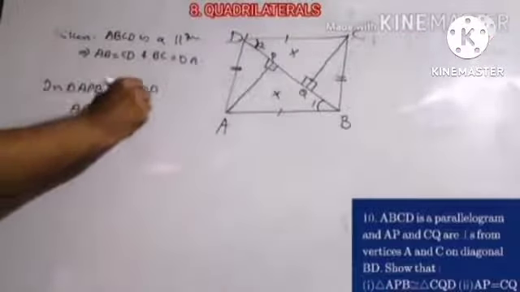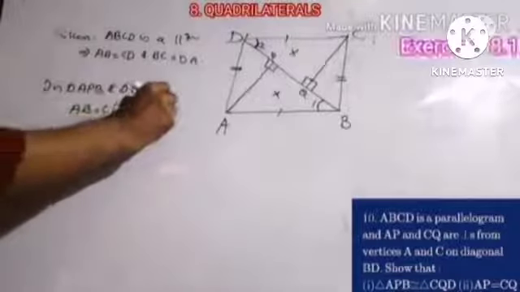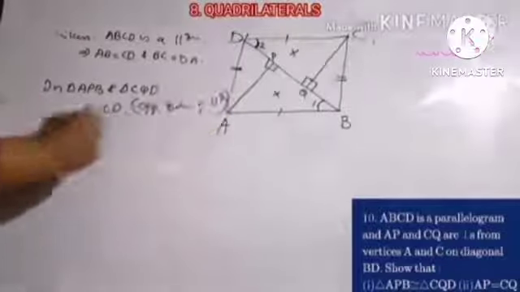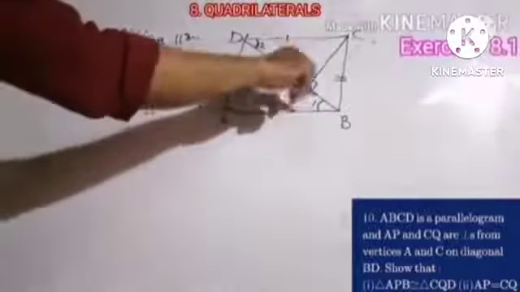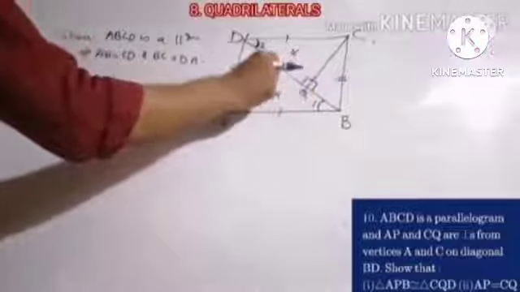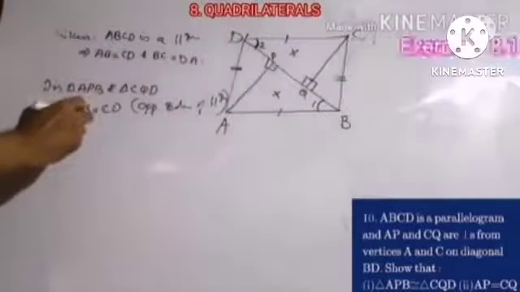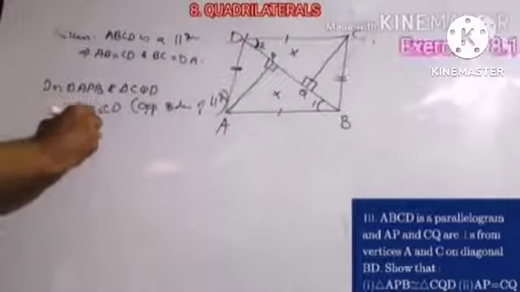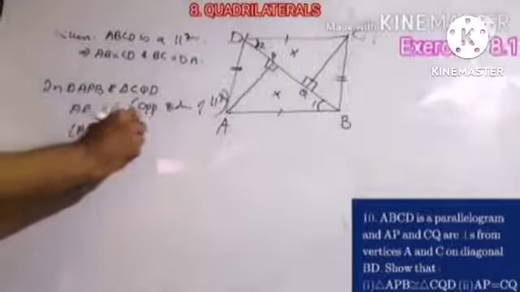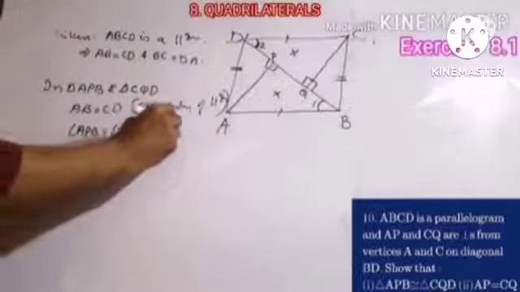Reason: opposite sides of a parallelogram. Second, consider angles. Angle APB equal to angle CQD, because AP is perpendicular to BD and CQ is perpendicular to BD, so each angle is equal to 90 degrees.